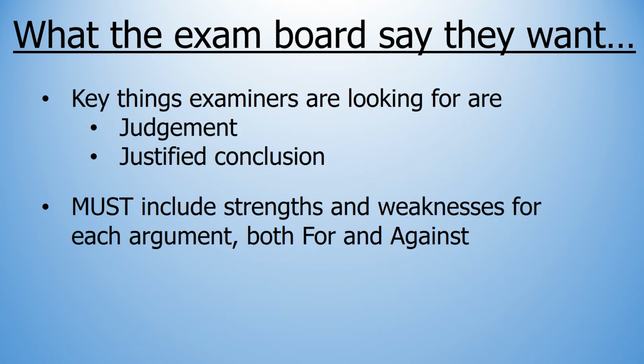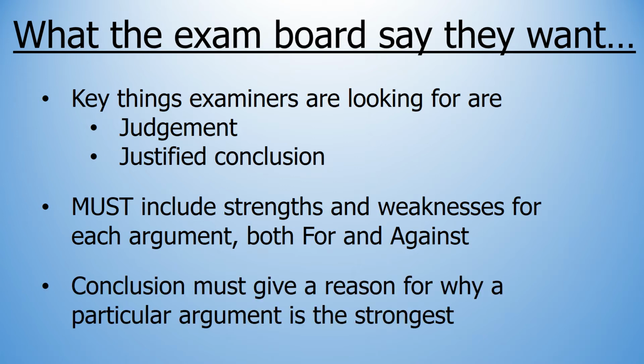This means then, in order to be judging something, you need to think about the strengths and the weaknesses for all of your arguments, both for and against. That conclusion then has to have that reason. You've looked at an argument's strengths and weaknesses, but why are you saying that the strengths still outweigh the weaknesses, that that's still the best conclusion that you could come to?